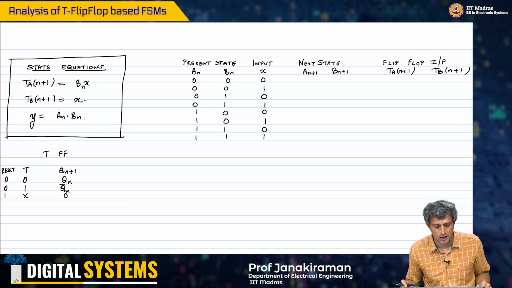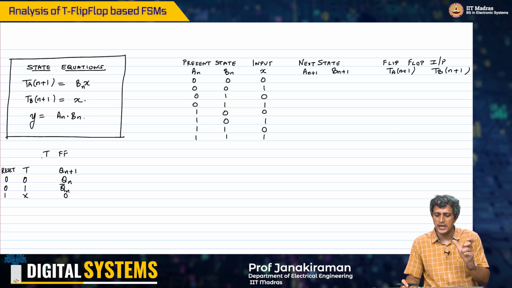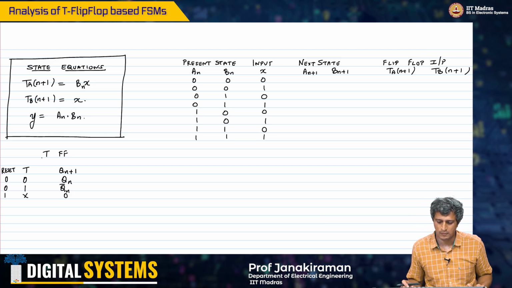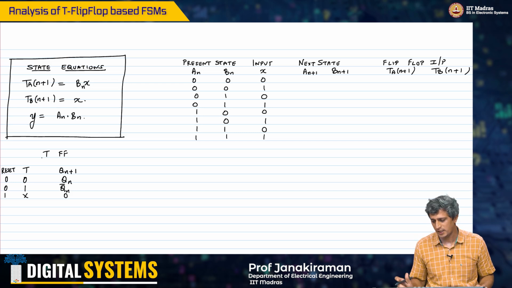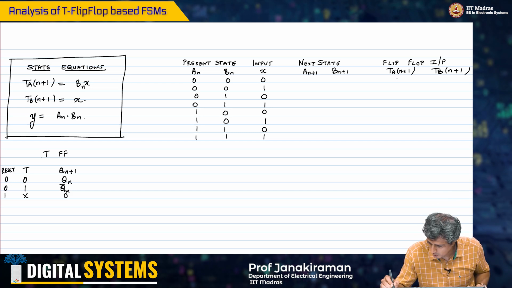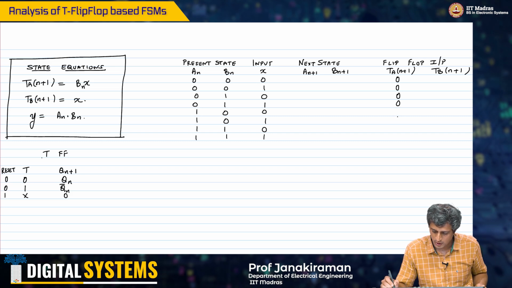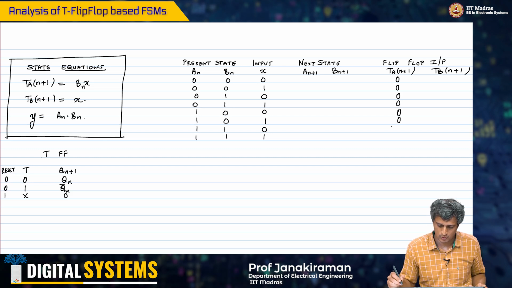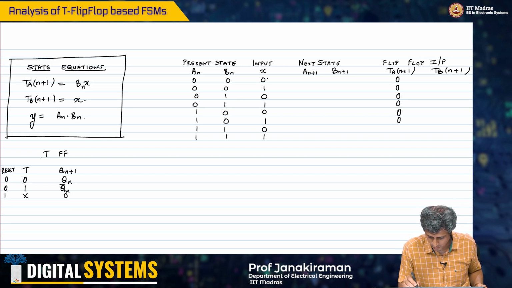So TA of n plus 1 is just Bn and X. So it's just when both Bn and X are 1. Therefore, this is very straightforward. This will be 0, 0, 0, 0, no, this will be 0, 0, 0, 1.